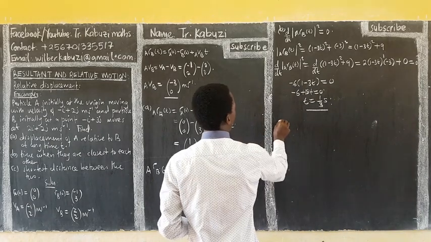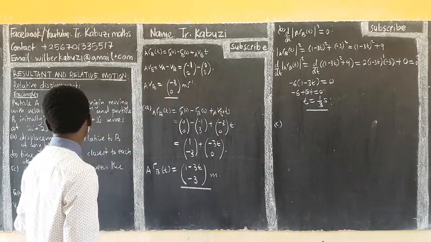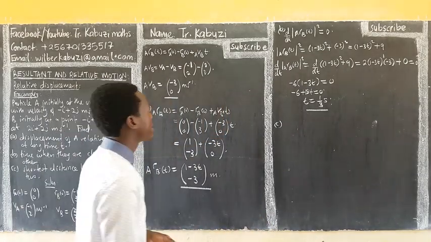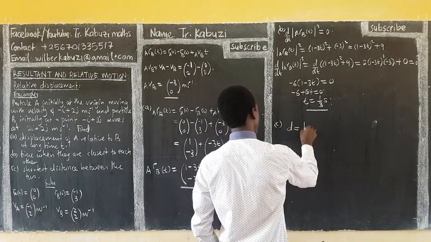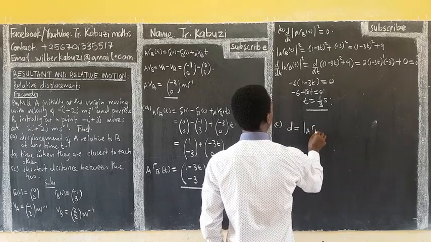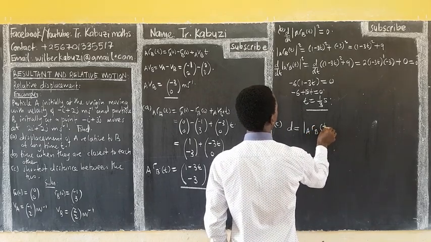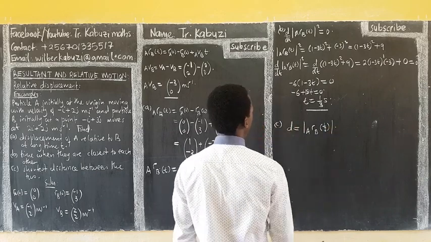This is then our part C. We come and we get the shortest distance. Our shortest distance is going to be the modulus of r of A relative to B when we put in a third.